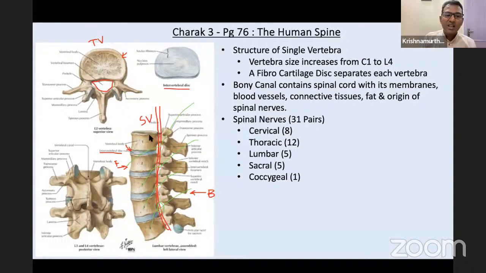Basically, let's say there is one bone. How many wires will go from one bone? One from here and one from here. So 2. Even though one bone is there, top one, bottom one, there will be 2 nerves. Similarly, say I have 1, 2, 3, 4, 5.